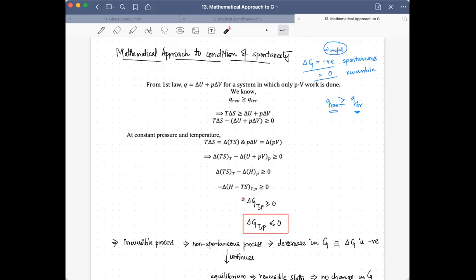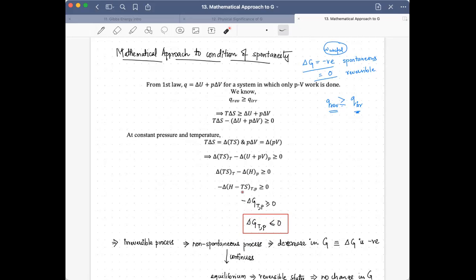Once you multiply both sides by a negative sign, what happens? The negative becomes positive, the right side is 0 again, but the inequality will change to the other direction. So it becomes delta G at constant T and P is less than or equal to 0.